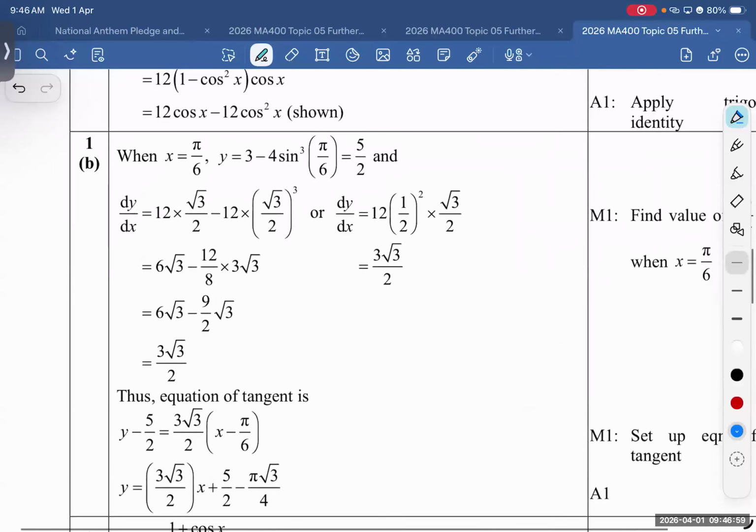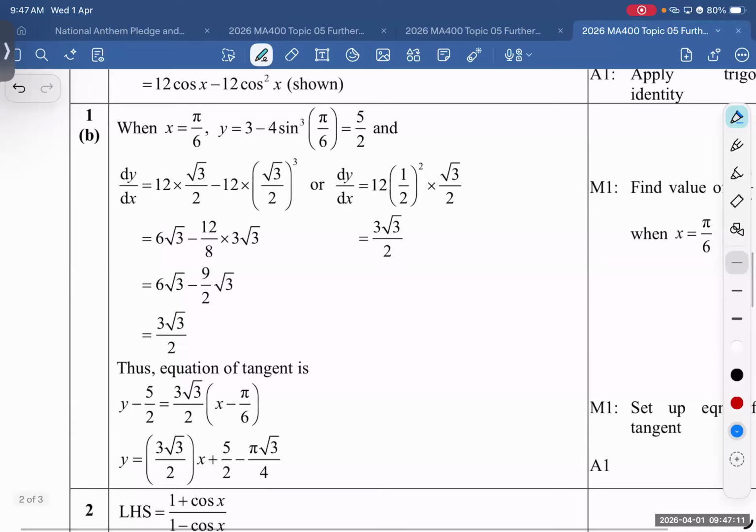Okay, I think I show the rest for you. Over here is 9 over 2. The y value is 3 minus 4 of half power 2. Let me check.